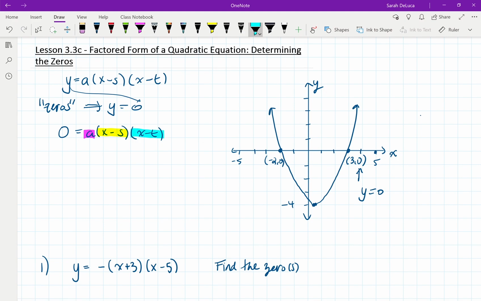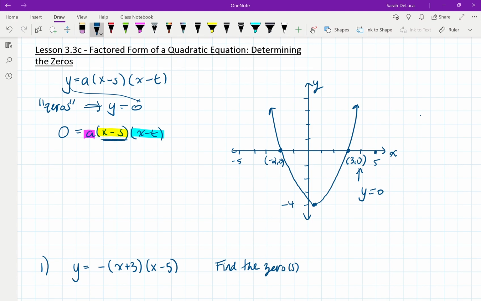So I'm multiplying 3 things. The first thing I need to understand is a is just a number. It's not a variable. So when I give you an equation, that number is filled in for it. It might be 1, it might be -3, it might be a half. So that's just a number. So that's going to have no bearing on whether this turns into 0 or not. It's wherever there is a variable that matters to us.